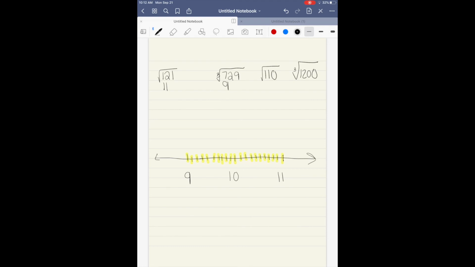The next one is the square root of 110. So we're going to hit second, x squared, type in 110. This is going to be our first non-terminating decimal. We get 10.488 and then a bunch of stuff after that. But the important part is we know that the 8 rounds the other 8 up to a 9. So this is really 10.49.